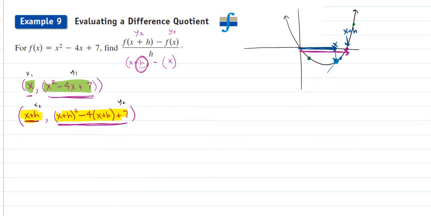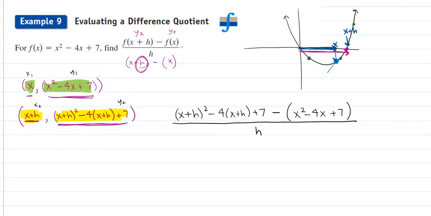So y2 is (x plus h) squared minus 4 times (x plus h) plus 7, minus y1, which is x squared minus 4x plus 7. Conveniently, in the denominator, we're just going to get h, like that part's already done for us.